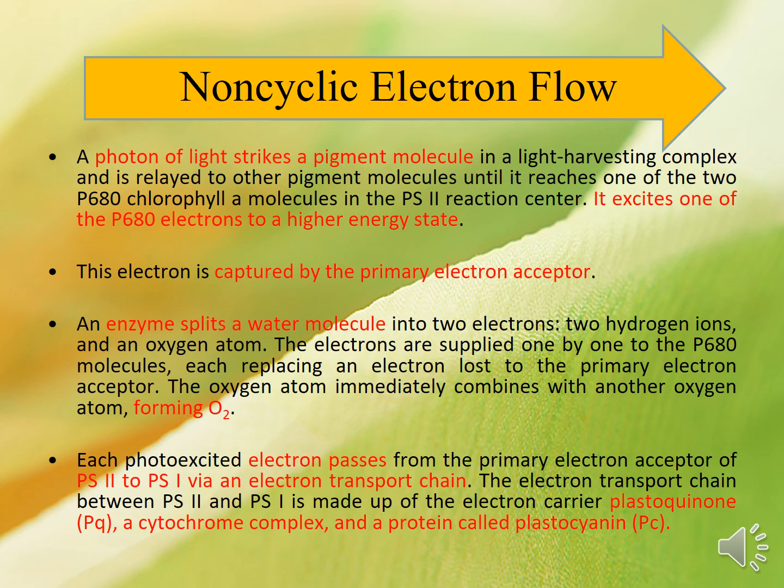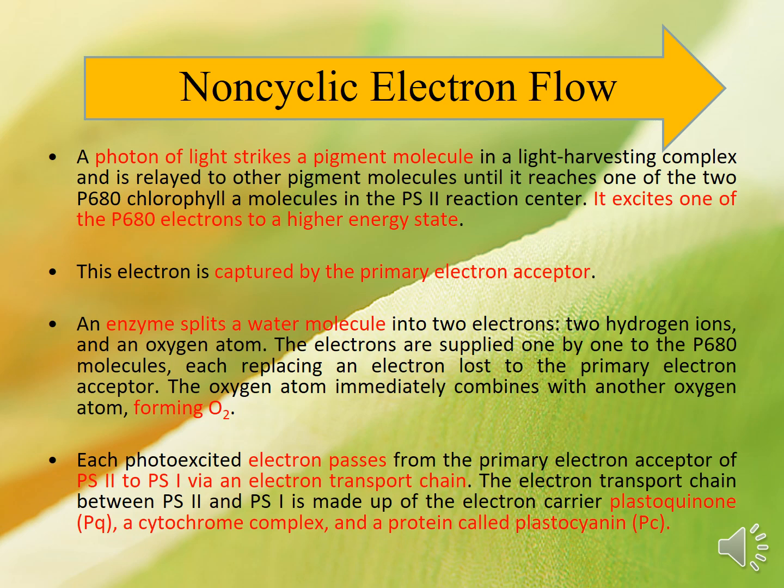Step number 4, where the photo-excited electron, meaning the electron that is excited from the chlorophyll A at the PS2, goes from the primary electron acceptor down from the PS2 to the PS1, via the electron transport chain. As we saw before, the electron carriers are PQ, cytochrome complex, and plastocyanin.